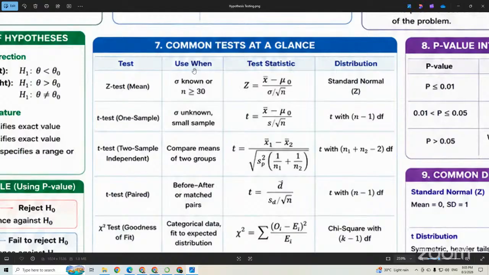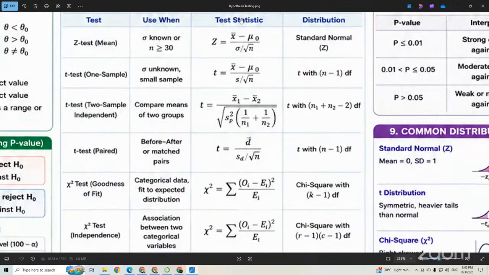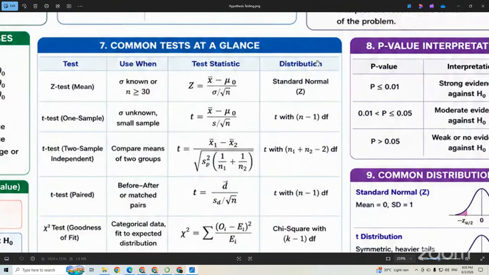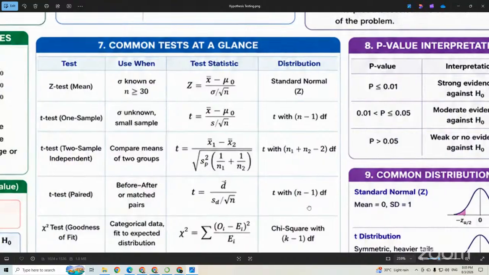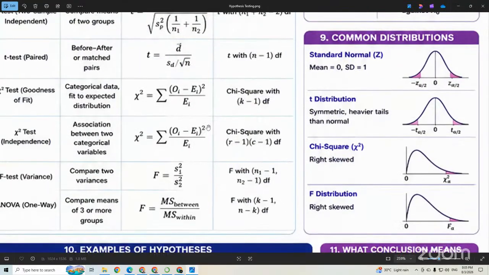So these conditions we have to keep in mind, and there are some mathematical expressions here that will help. These are some distributions of the data set, and here we have some common distributions which you can choose.